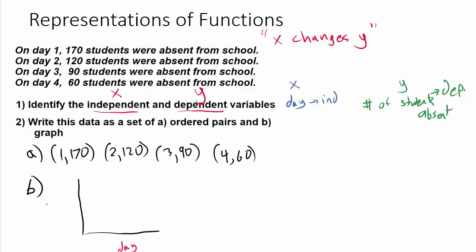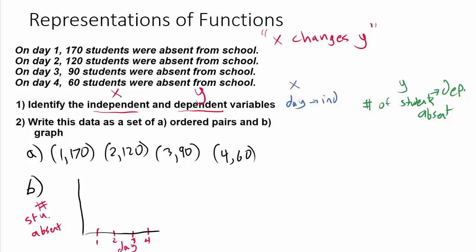On the y-axis, we should have the number of students absent. I'll abbreviate students here as STU. For the days, since we're just going up by 1s, I'm just going to have each of these count for 1. So I'll have this go 1, 2, 3, and 4.